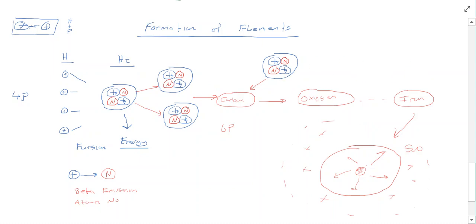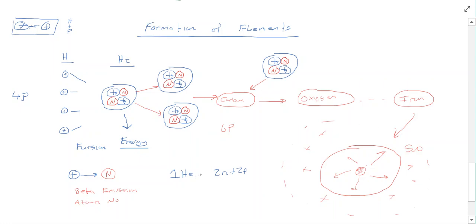Now what's really interesting as well is if we take one helium atom and measure it, and then we weigh 2 neutrons and 2 protons, they won't actually weigh the same.